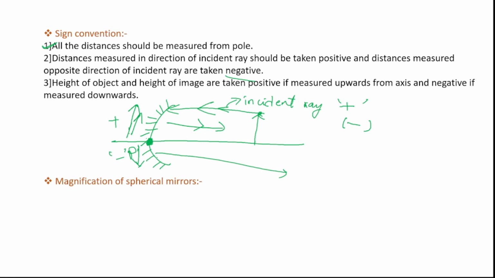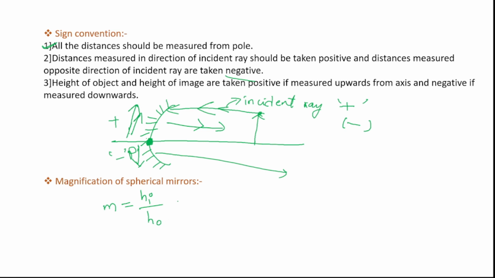Next, magnification of spherical mirror. So magnification is nothing but it shows us the changes of size of images, okay. And magnification is also stated as relation between object distance and image distance. That is, magnification is denoted with the letter M, and image height is Hi, and object height is H naught.